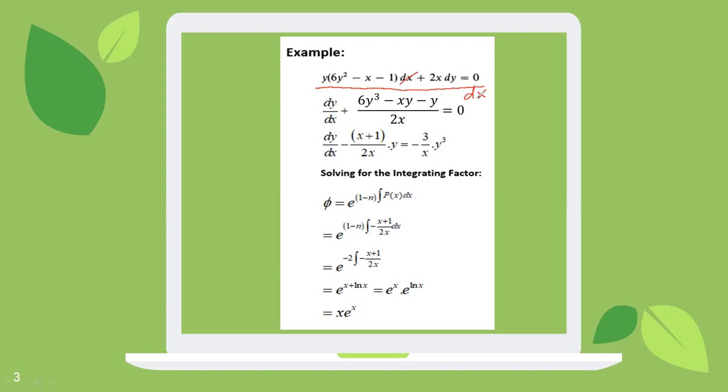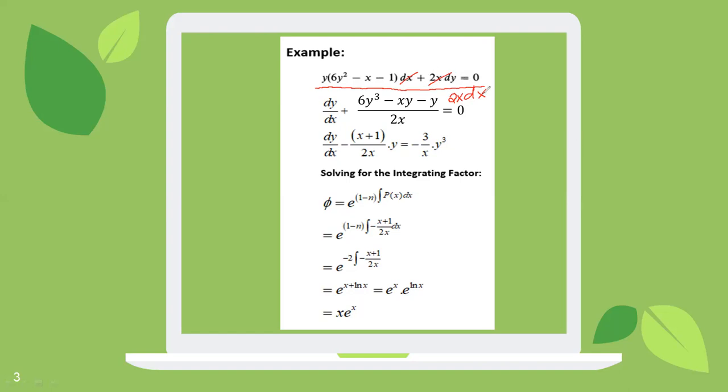Now, it's a requirement for both the linear and Bernoulli's equation class that your derivative should not have any multiplier or coefficient except 1. So in this case, there's also a need for you to eliminate the 2x, and for that you divide also by 2x. In this term, you will eliminate the 2x, but you will be introducing the 2x on this side. That's the very reason that you have this DE in here. You have now dy/dx.